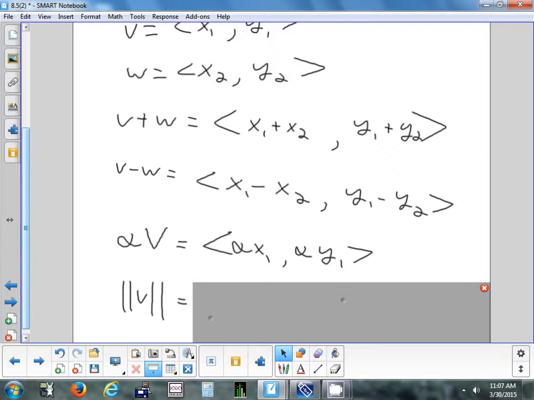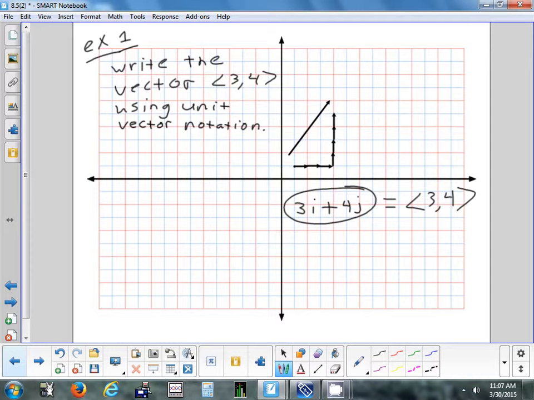Okay, and the last formula is to find the magnitude. Okay, find the length of a vector. Does anyone remember what formula this is very similar to? There's a theorem we already know that we can use to find the length of a vector. Yeah, it's really just the Pythagorean theorem. Okay.